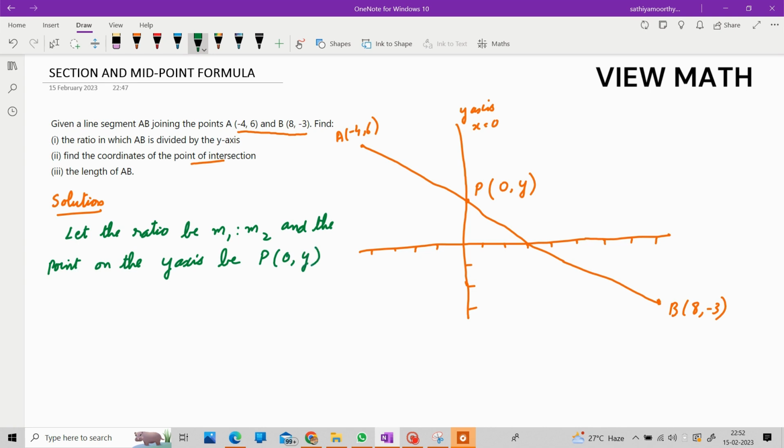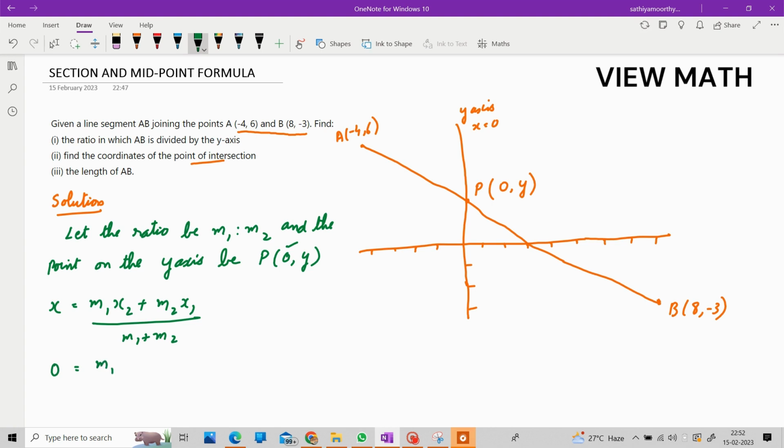So I need to find out the ratio. With a known value, x is my known value, so with that I'm going to proceed. x is equal to (m1x2 + m2x1) / (m1 + m2). So the x value is equal to 0.